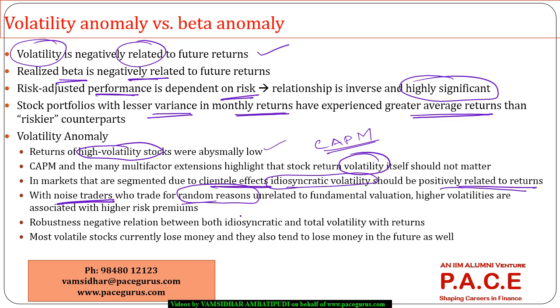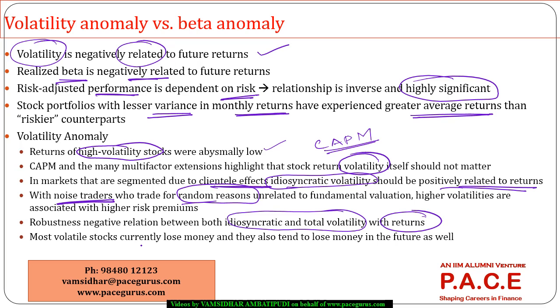What is typically looked at is the idiosyncratic as well as the total volatilities. It has been overall observed that they have a negative relationship with the returns. So the higher the volatility, the lower the overall return, and vice versa.